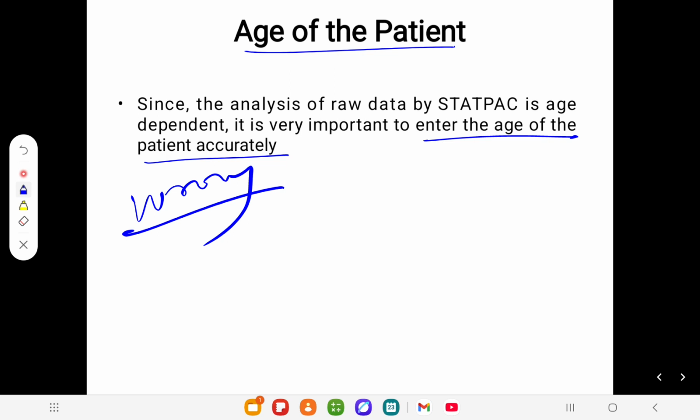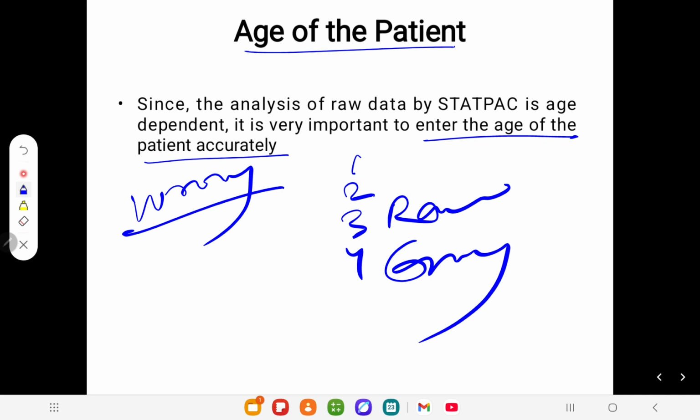Why? Because we know from the first four-five slides that there are four indices that are independent of the normative data, and there is the raw data and grayscale, isn't it? It's patient data and reliability index.